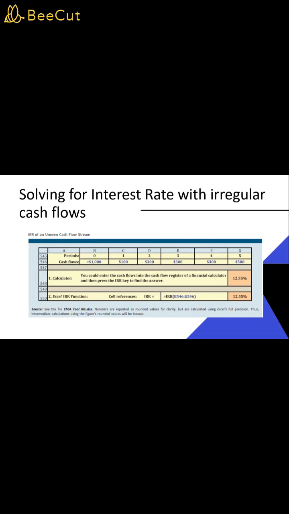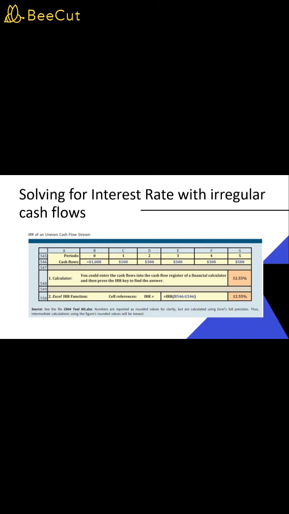Right? So let's say in this example you invested $1,000 in a bank, and then you are going to be getting some sort of interest income every year. In this case, in the first year you'll be getting $100, second year $300, third year $300, fourth year $300, and fifth year $500.